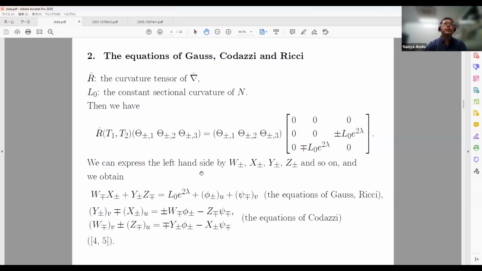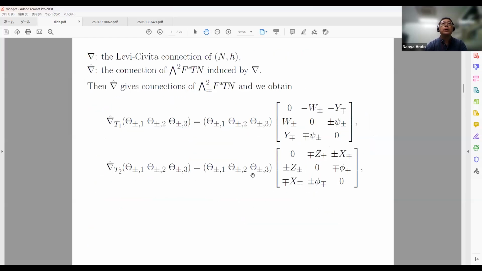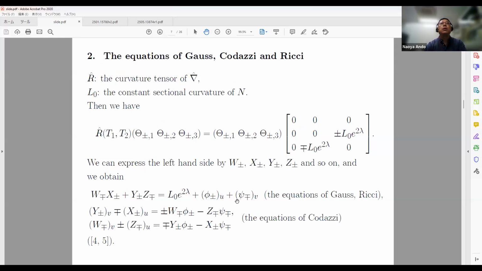And using these relations, we obtain these relations. The first two relations are equivalent to the equations of Gauss and Ricci, and the other four equations are equivalent to the equations of Codazzi.